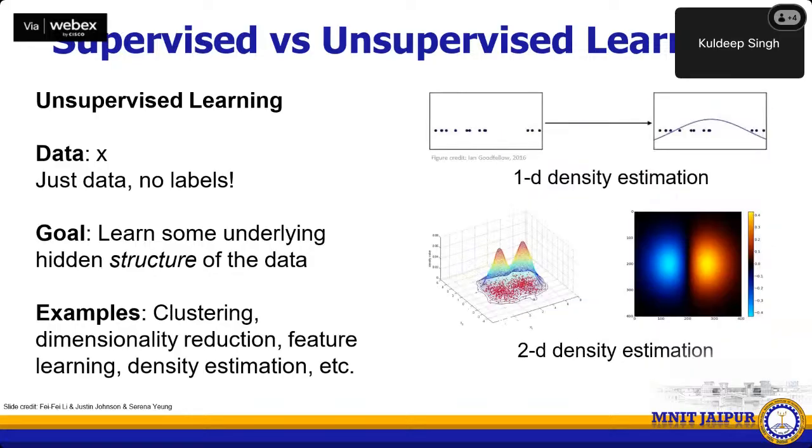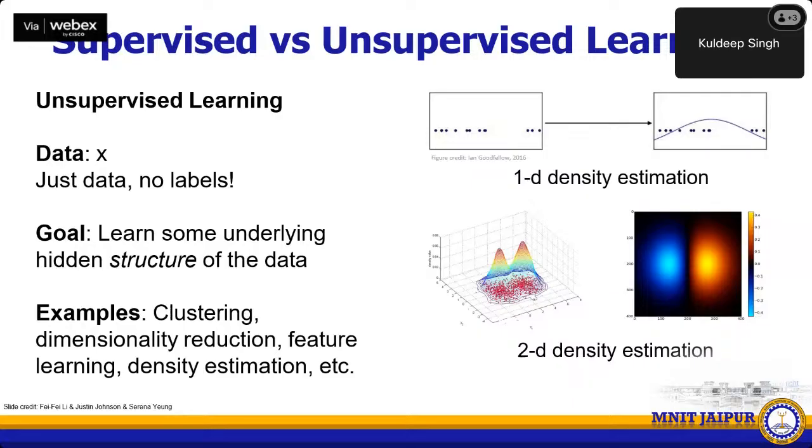Now, the next example of unsupervised machine learning is density estimation, where we want to estimate the density distribution of the underlying data. In this example here, we have two examples. In the first example, we are fitting a Gaussian to this density, a 1D estimation.